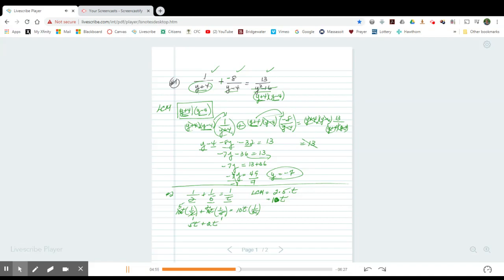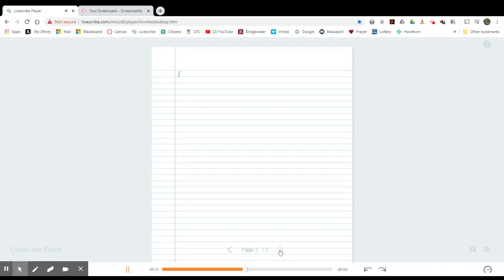The t's cancel out. 10 times 1, well, that's 10. So if I combine these two, I get 7t equal to 10, dividing both sides by 7. Yeah, I got a fraction, but hey, fractions have a right to live. So I end up with 10/7. Now checking this would be more difficult than actually doing the problem, but you could check it out. Number 3.